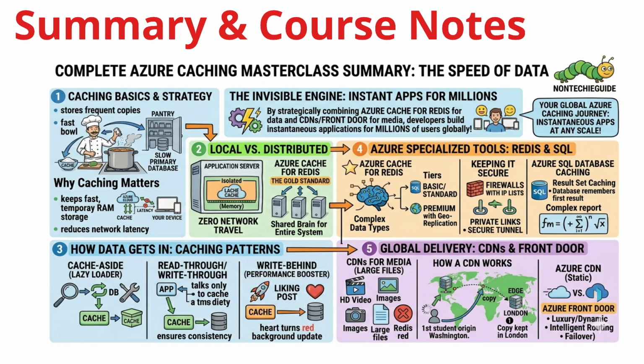Finally, we went global, seeing how CDNs and Azure Front Door bring content directly to the user's doorstep, no matter where they are in the world. By combining these tools, you can build applications that are not just fast, but feel truly instantaneous for millions of users at any scale.